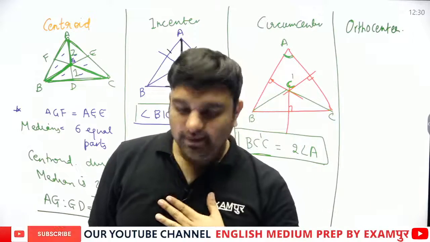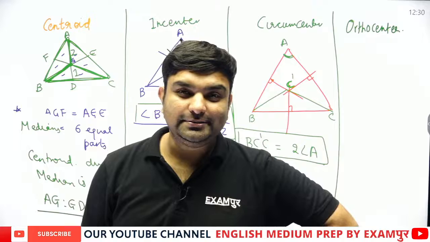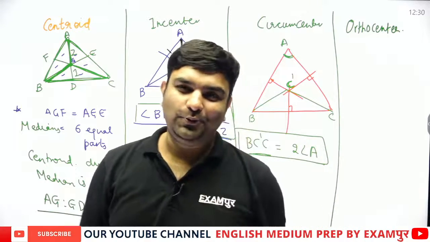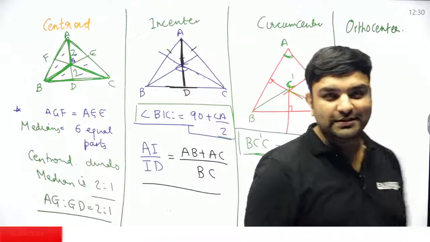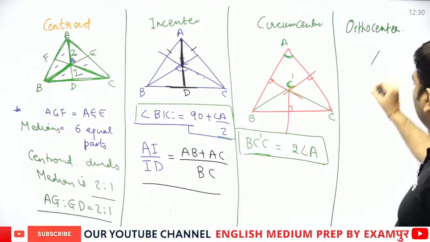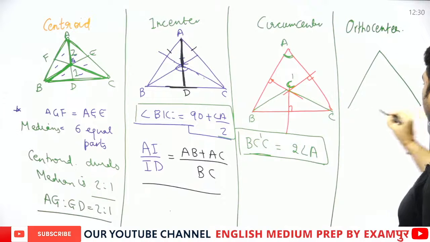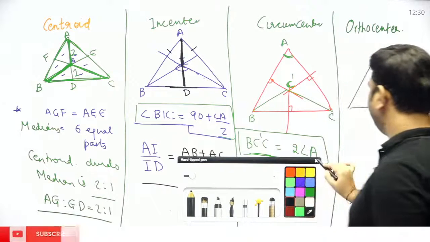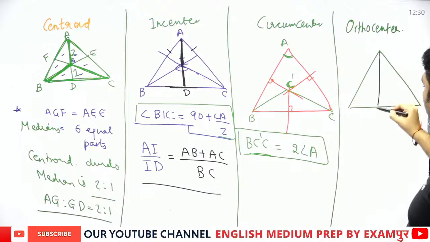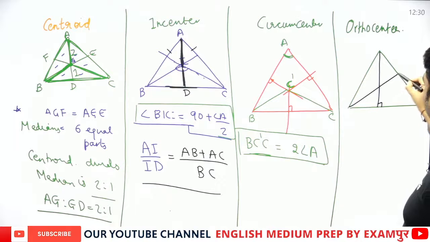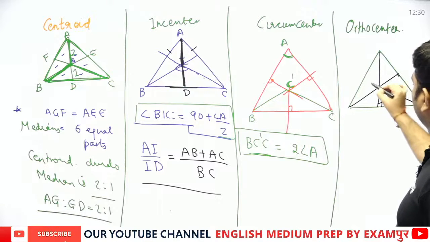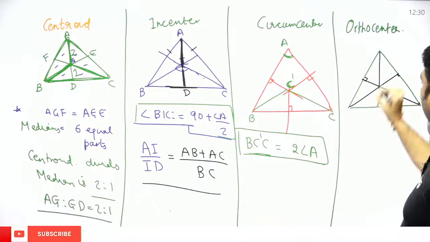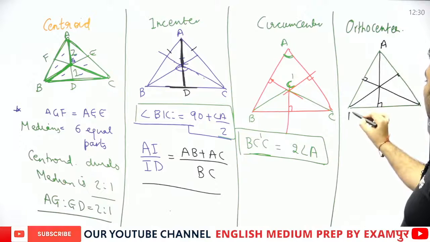There is one more probability, guys, for orthocenter. This is angle BOC.